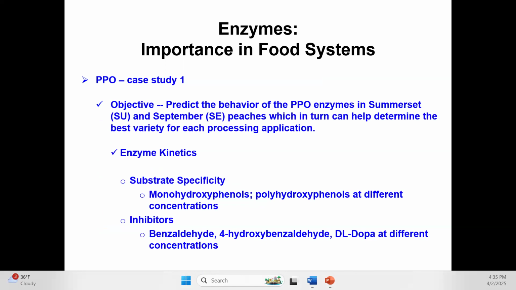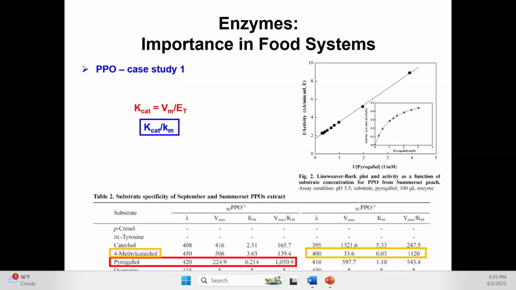And they wanted to understand the enzyme kinetics to see how they can inhibit or use these varieties in different applications. So they extracted the enzyme from each variety and determined their specificity to different substrate and also determined inhibitors for these.